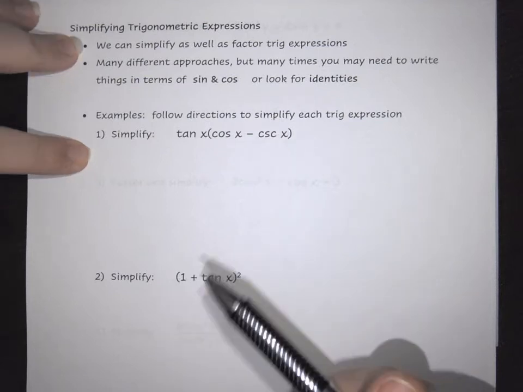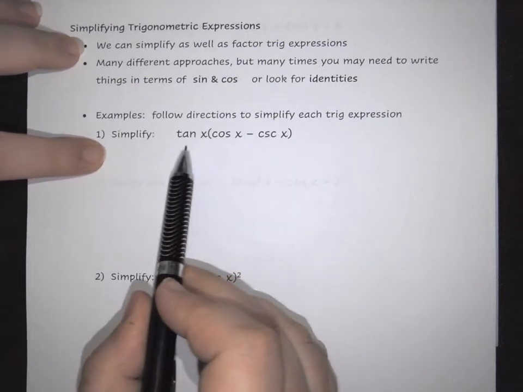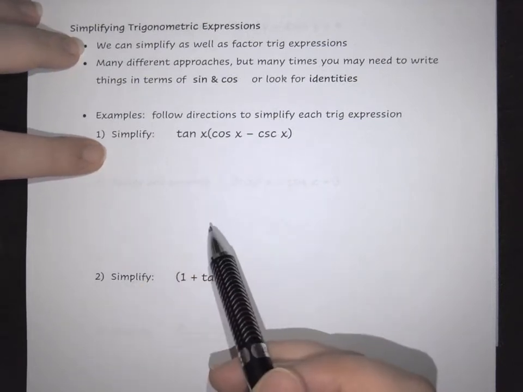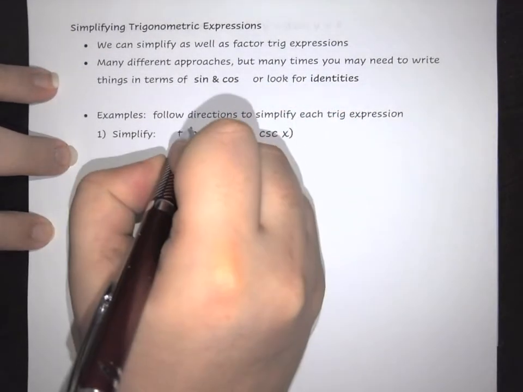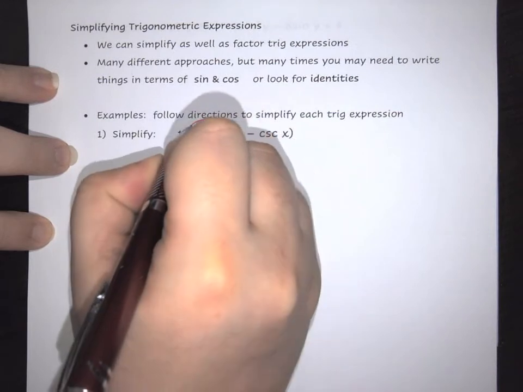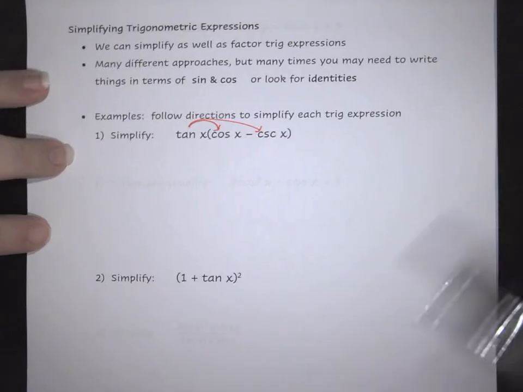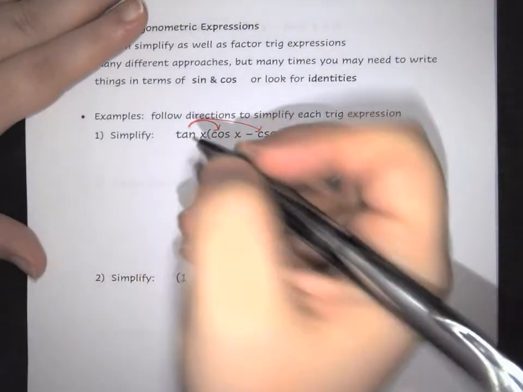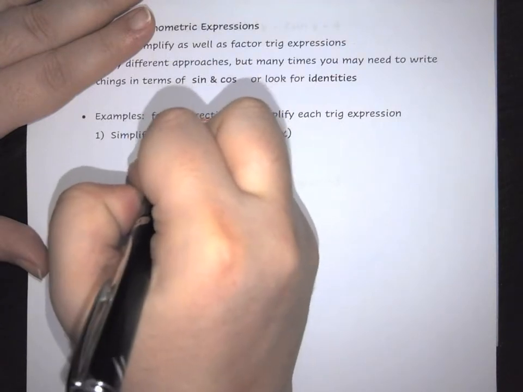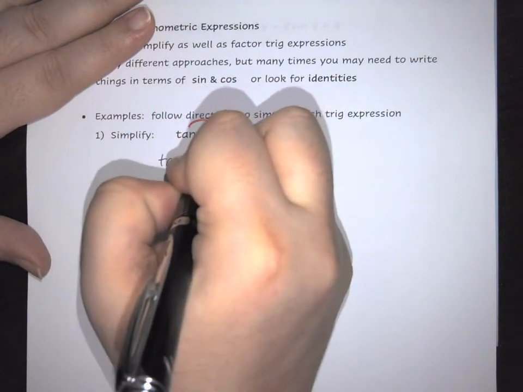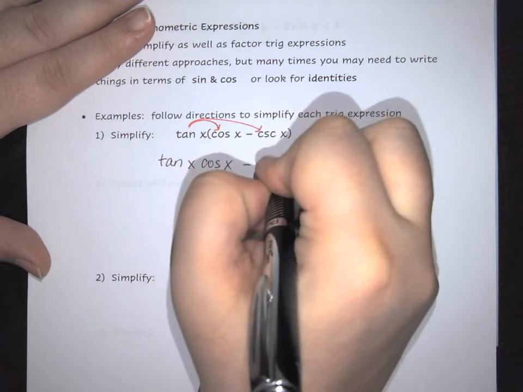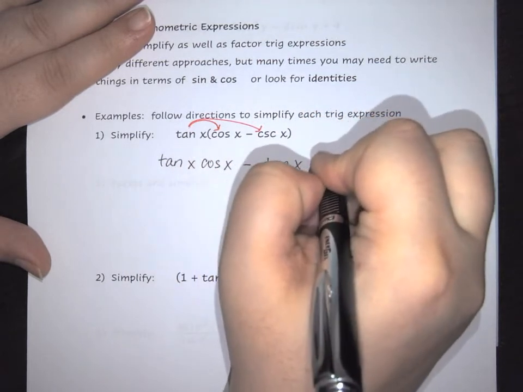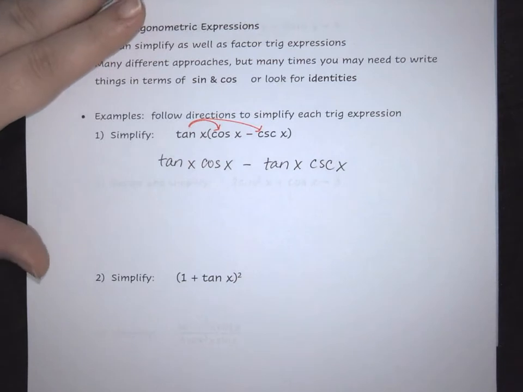The first thing that we want to do here is treat this the same way that we would a linear problem, in that we take our tangent and distribute it through the parentheses. This is going to give you the tangent of x, cosine of x, minus the tangent of x, cosecant of x.